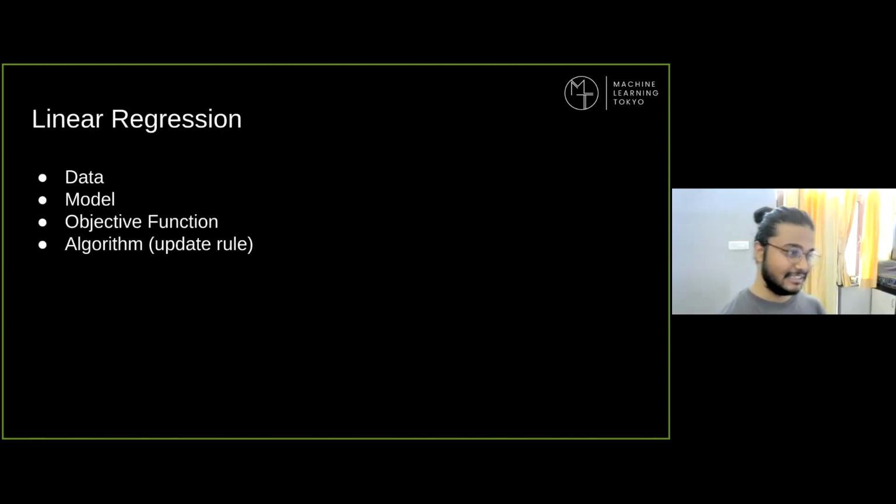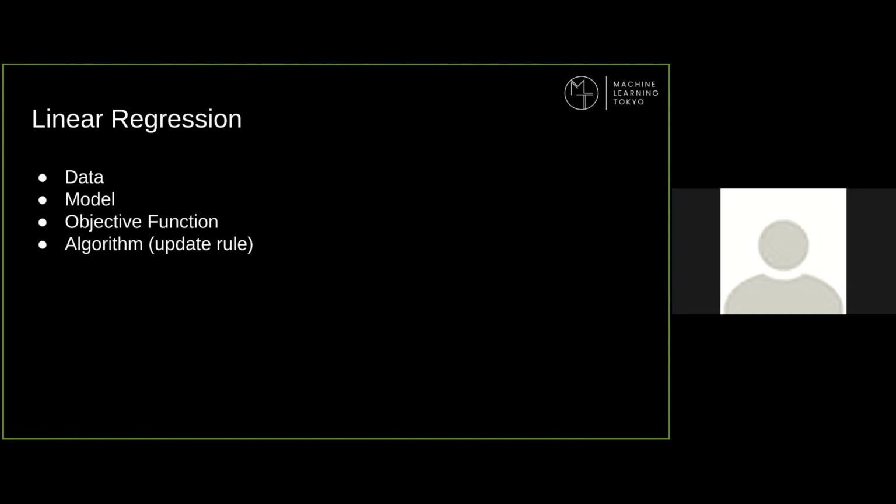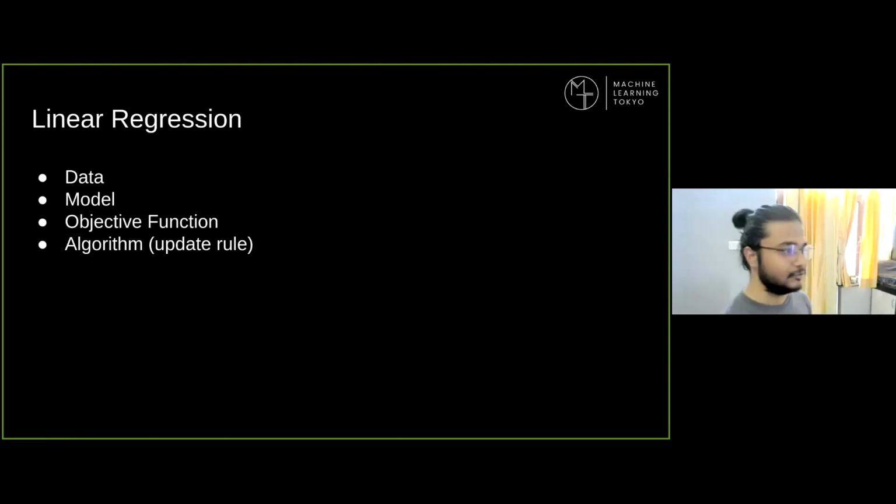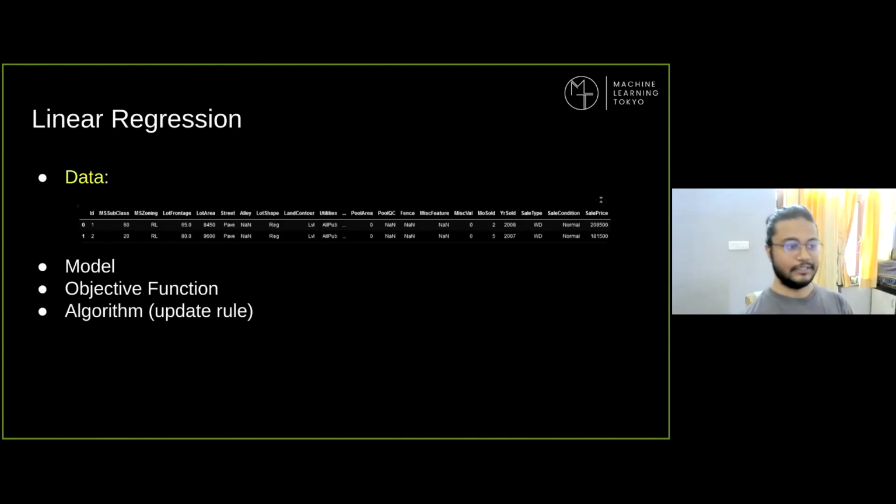So let's first understand linear regression. Here are our four main ingredients, right? We have data, model, objective function, and algorithm, which is our update tool. For data, let's take, for example, our classical Boston housing prediction data, right? So it's tabular data.